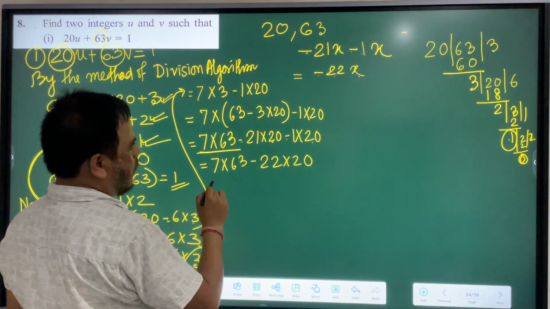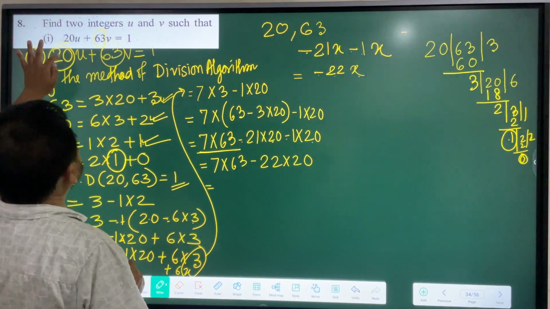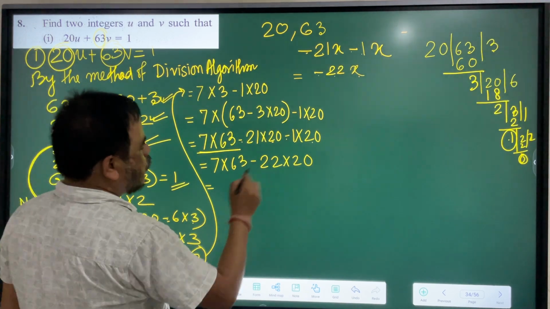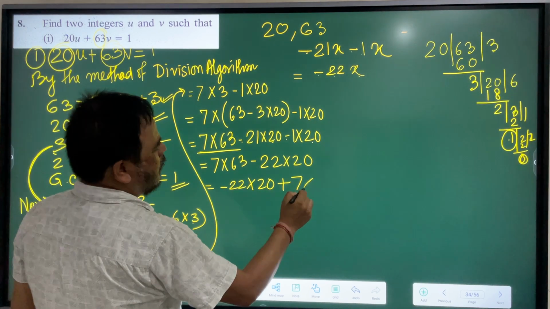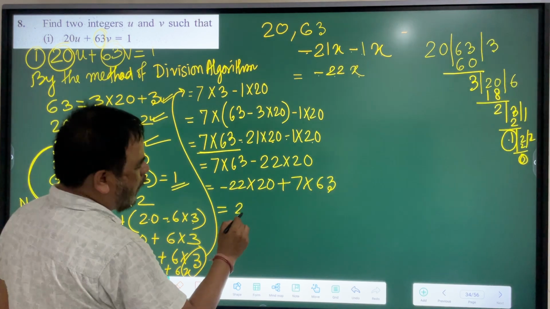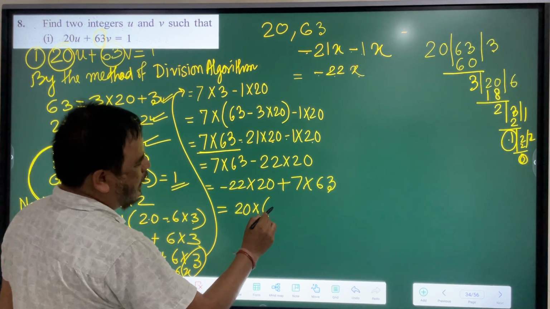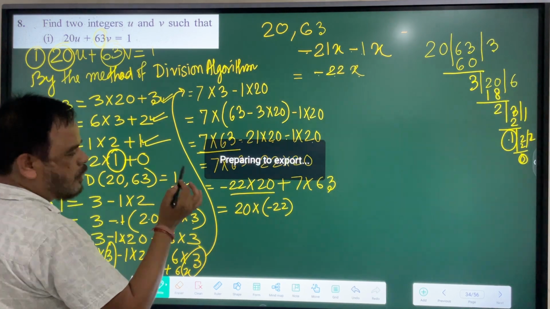X is 20. So 20u, first 20u is there, so let us write this one first. Then 7 into 63. 20u, 20 into minus 22. This one same thing, I have written 20 first.